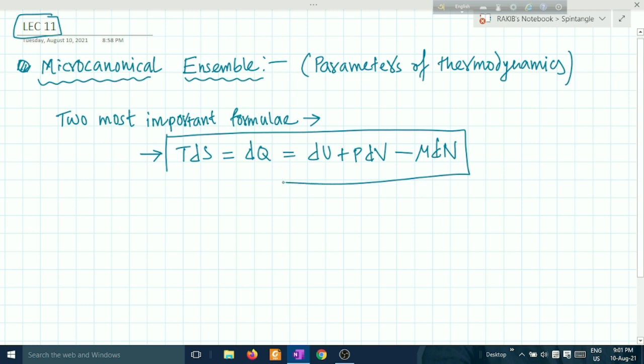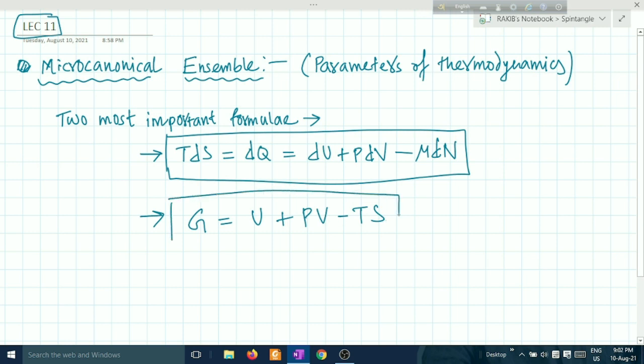This is formula 1, and the second formula is given by G equals U plus PV minus TS. This is the second formula you have to remember. This is the free energy formula, and these are all free energies.